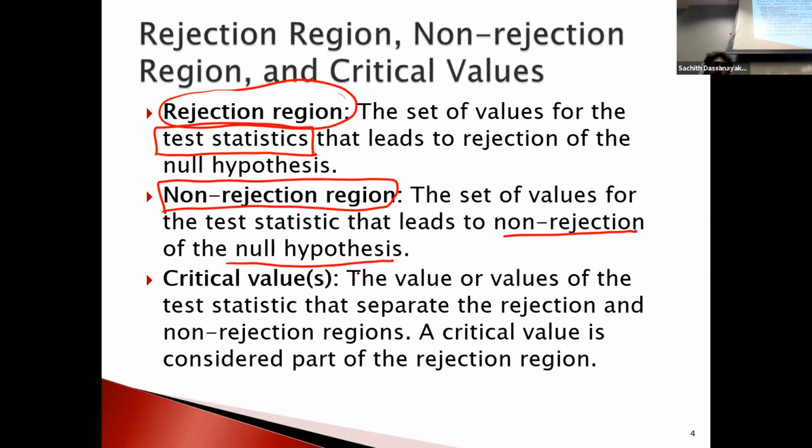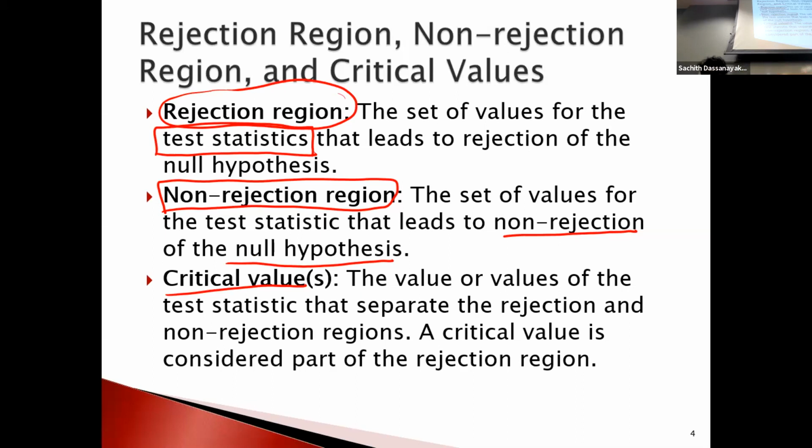Next thing is the critical value. The title of this section is the critical value approach for hypothesis testing. So the critical value is the point that divides these areas, the rejection region and the non-rejection region. This middle point we call the critical value.